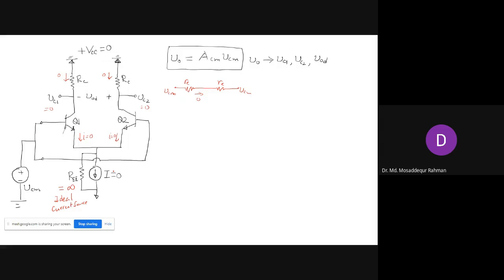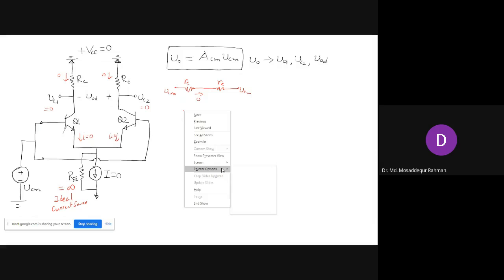A real differential amplifier will always have some finite output resistance for the current source, and so we do need to consider that factor when we try to determine the gain for the common mode input voltage for the differential pair. So now we include this RE, because our amplifier is not an ideal amplifier. It is a practical amplifier.